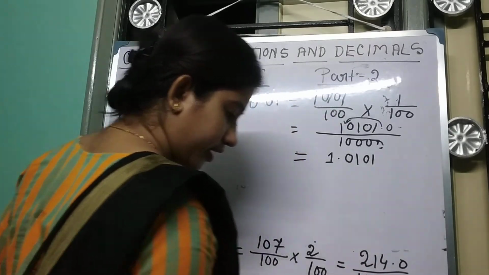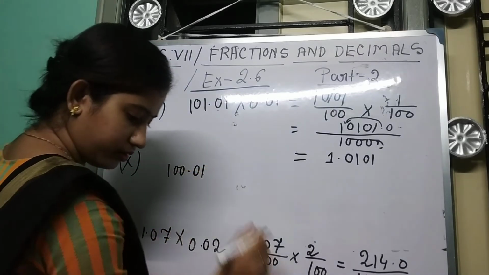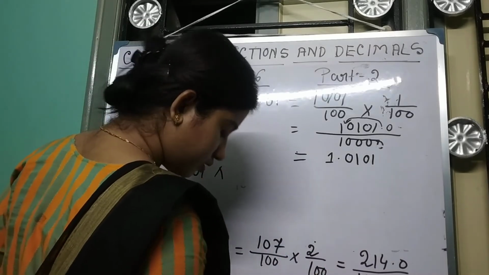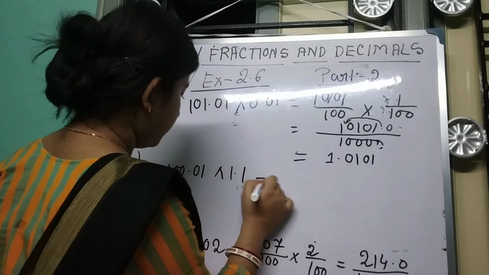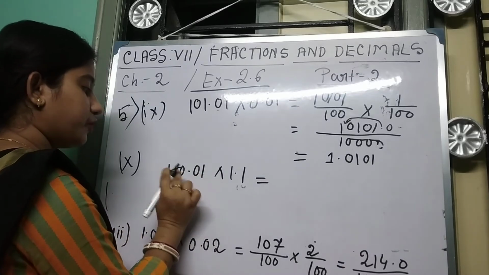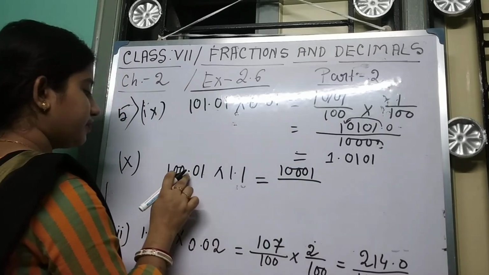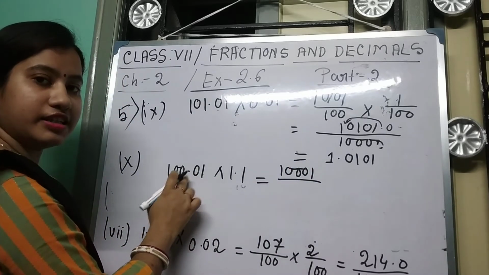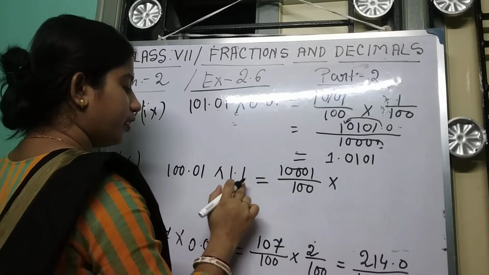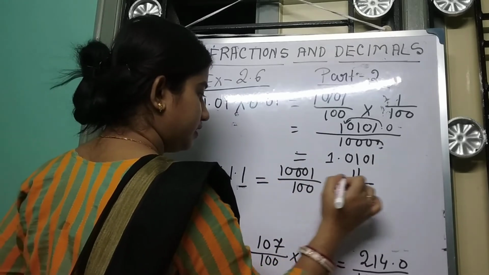Now next, number 10 is 100.01 into 1.1. We first write 100.01 without the decimal, that means 10001 by 100, because there are two numbers after the decimal point. And 1.1 is 11 by 10, since there is one number after the decimal.